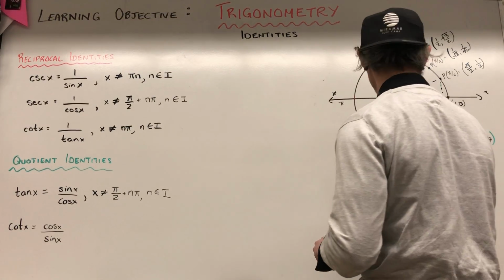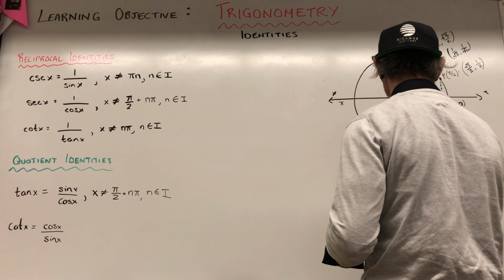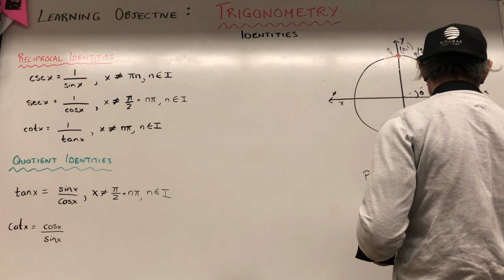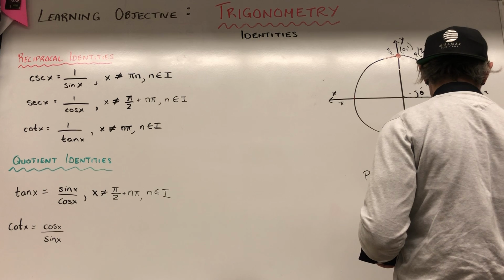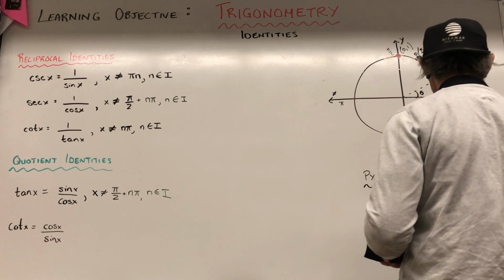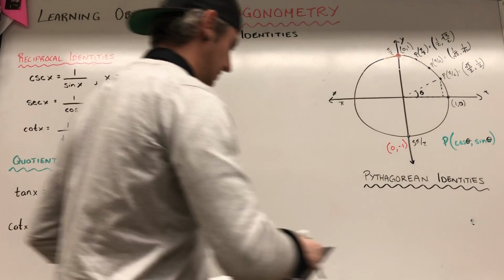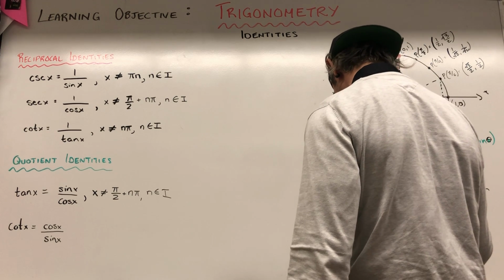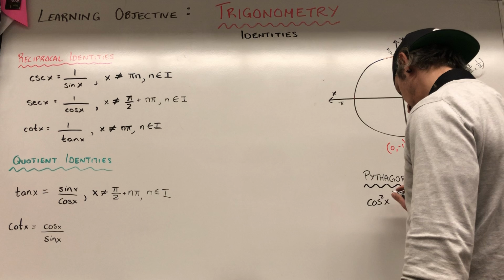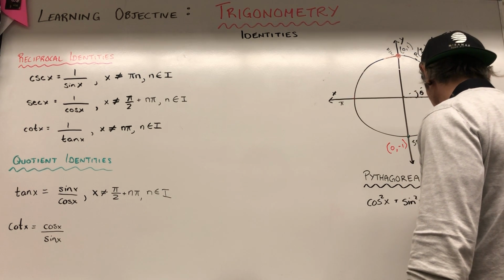These are my Pythagorean identities, and they relate to the squared versions of my identity. The first one we've got is cos squared x plus sine squared x, or theta, is equal to 1.